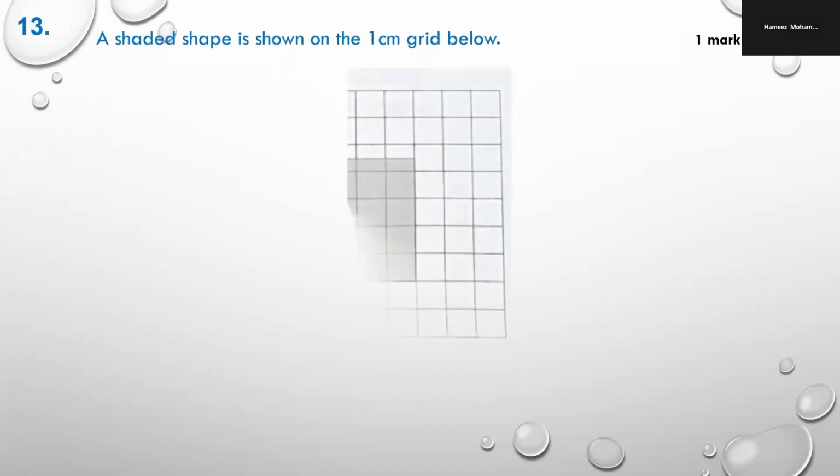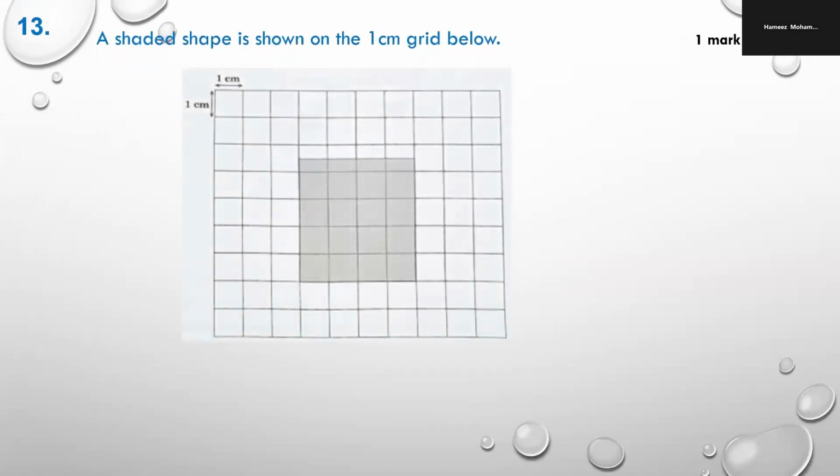Let's go on now to number 13. A shaded shape is shown on the 1 centimeter grid below. Each square is 1 centimeter by 1 centimeter, or 1 square centimeter. What is the area of the shape? Well, the area of the shape is just the number of square centimeters that covers it.